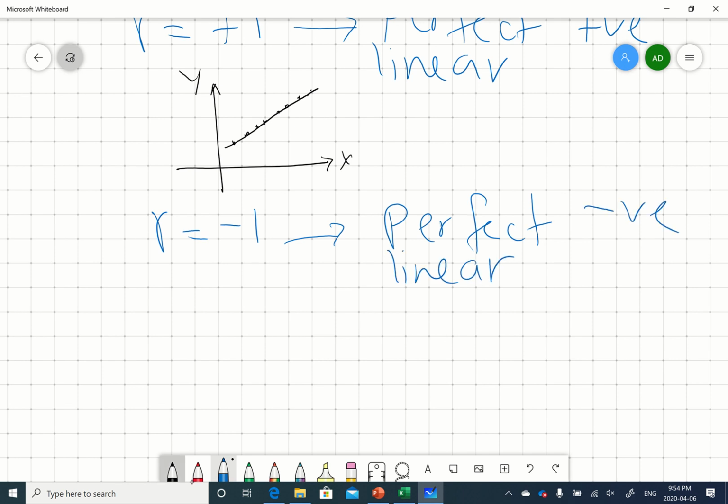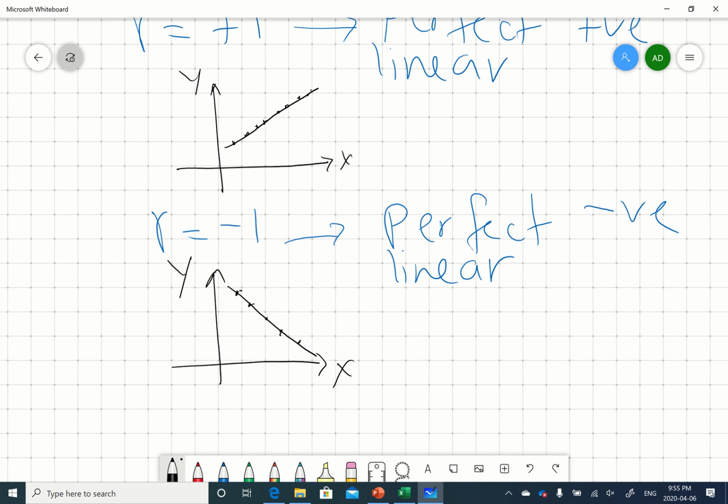That means all your points are on the straight line and it's moving downwards. So that is very simple. You look at the sign, you look at the magnitude, whether it's closer to 0 or closer to 1. Based on that, you talk about the direction of the association and the strength of the association.